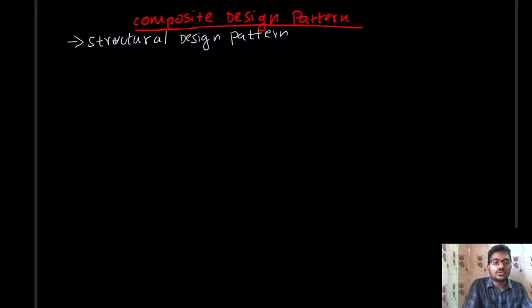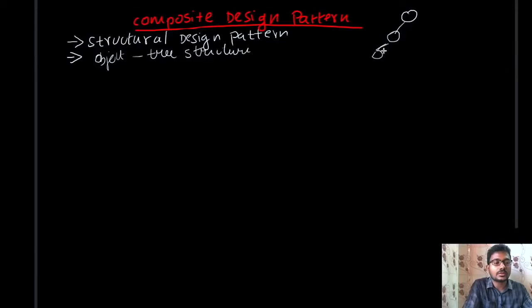And then the main motto of the composite design pattern is, if our object can be represented in a tree structure, then it can be considered a composite design pattern. So you need to represent the object in a tree structure. For example, we can consider some diagram like this.